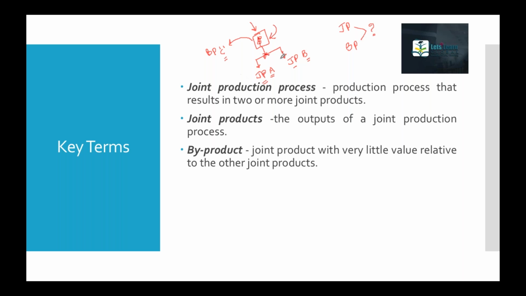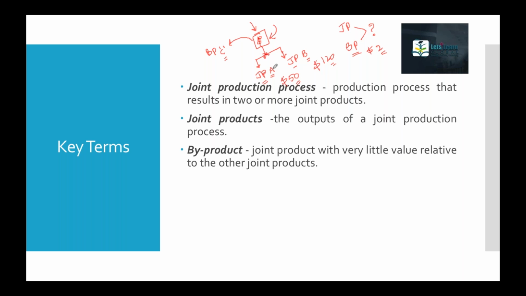Okay, all are from the joint operation, but why do you call these products joint products and this product a byproduct? Just very simple, identify the selling price of the byproduct. Say $2. What is a byproduct of this A and B? Say $50, say $120. You can compare now the sale price. We do not intentionally buy or produce this product when the other products are selling at 50 and 120.